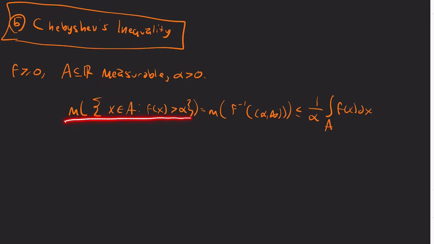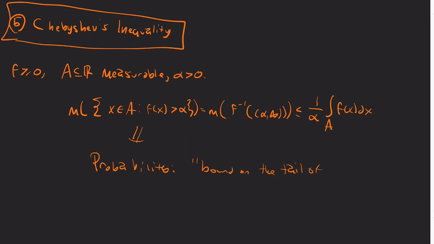Then the measure of the set where f is greater than alpha, which is just this pre-image, is less than or equal to 1 over alpha times the integral of f of x dx. And so in probability theory, it's a bound on the tail of a probability density.